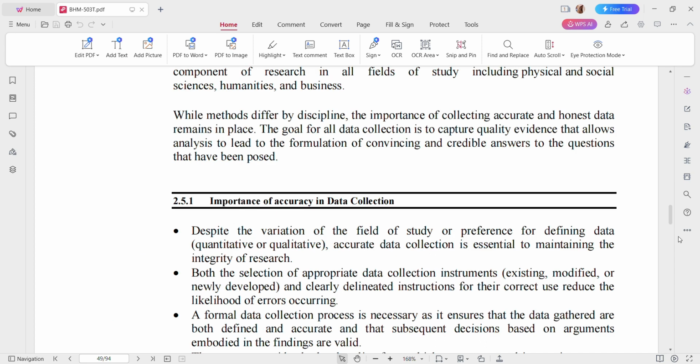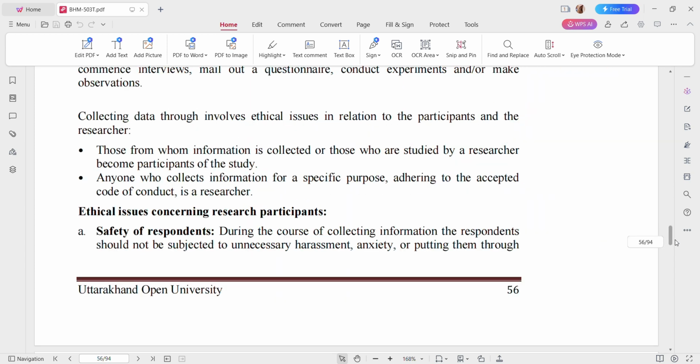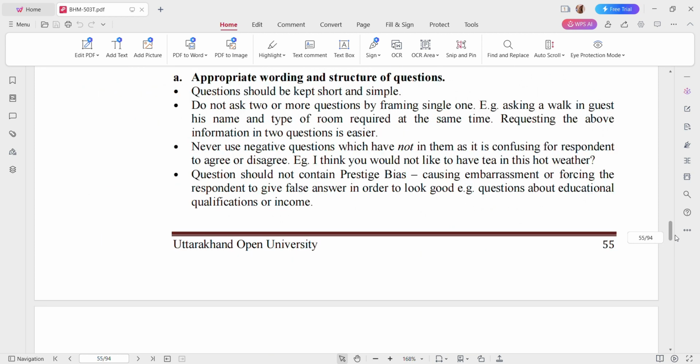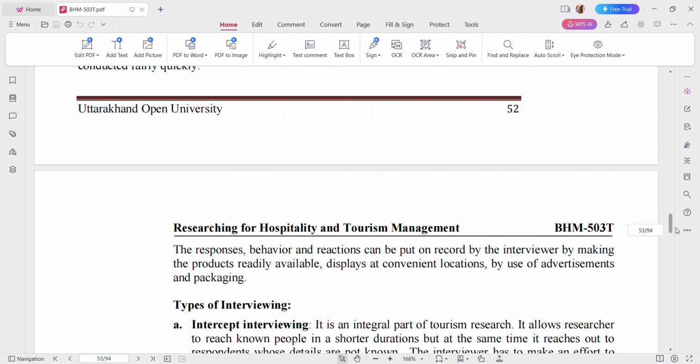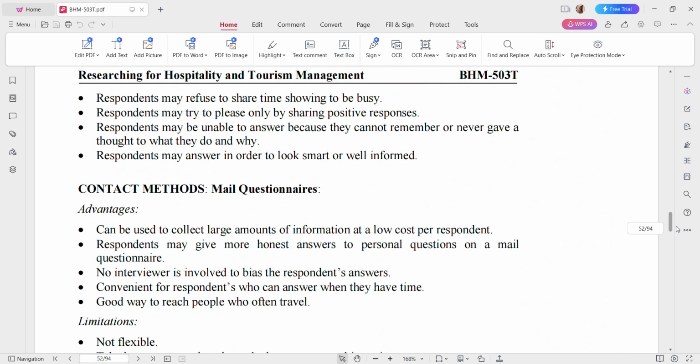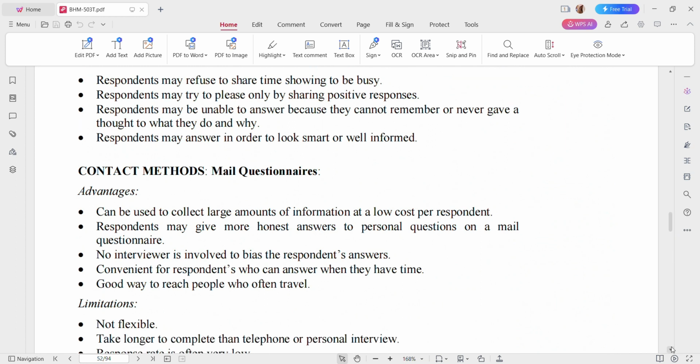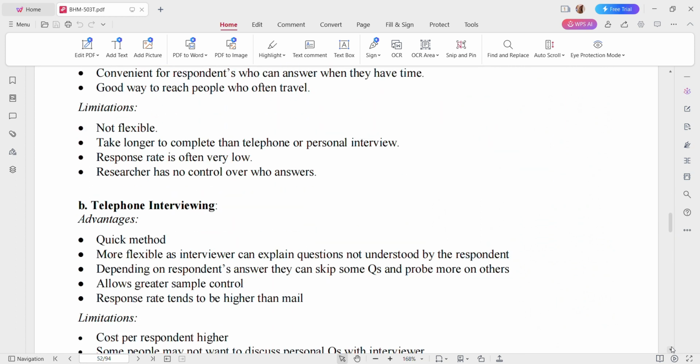Okay. Next is the telephone. Now, let's see kung mas okay ba ang telephone kaysa sa mail. The telephone actually is quicker than the mail, because sa telephone, nakakausap mo. So, pag may magsagot, meaning to say may nag-participate.